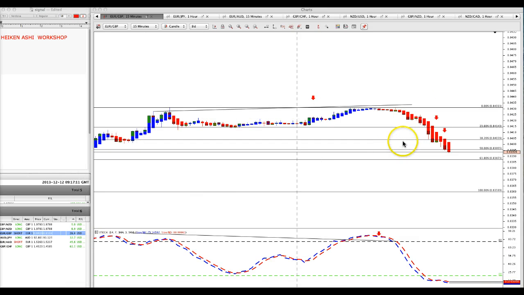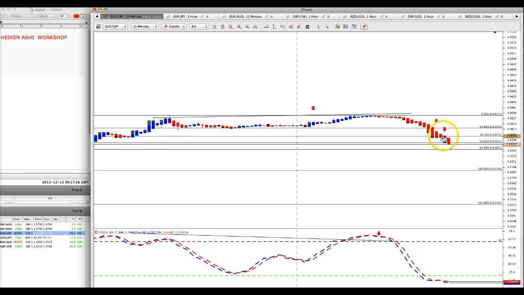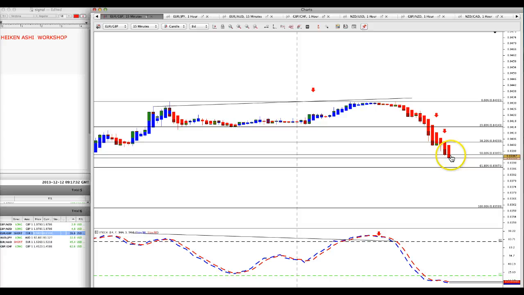We're taking a look at the euro pound, and again notice that this is a 15-minute chart, and this is the time frame that I would be looking at if I wanted to exit a trade if the colors change on Heiken Ashi. And if we have a solid 15-minute candle that turns blue, then I would exit this short.